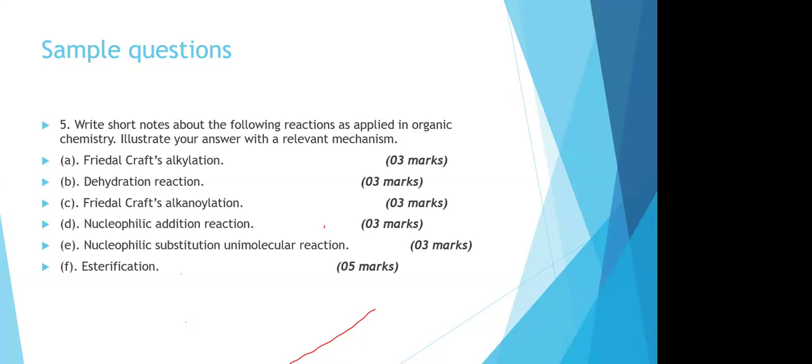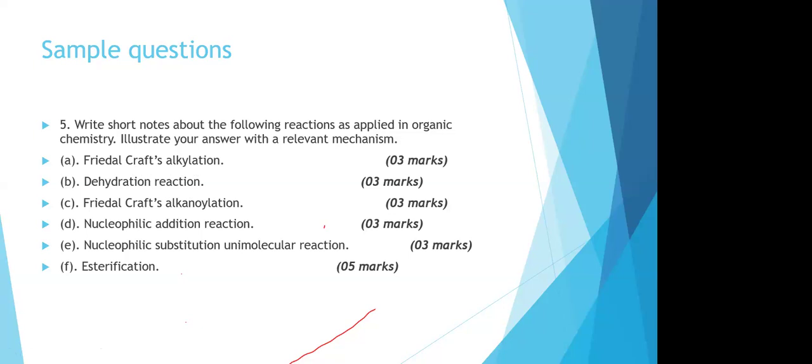Majority of them, we did them. The dehydration, we did it when I talked about elimination reactions. Friedel-Crafts alkylation, I had that question, benzene with alkyl halides. Then this one is dehydration, that is eliminating water from organic compounds, like for example, reaction of alcohols with sulfuric acid at 180 specifically, or 170.